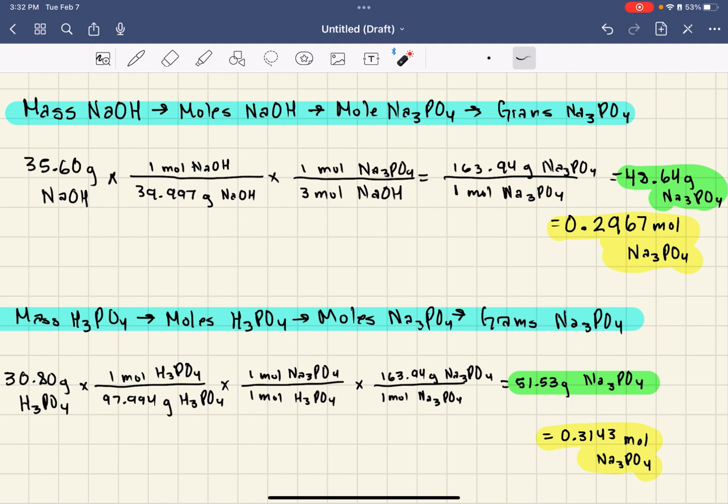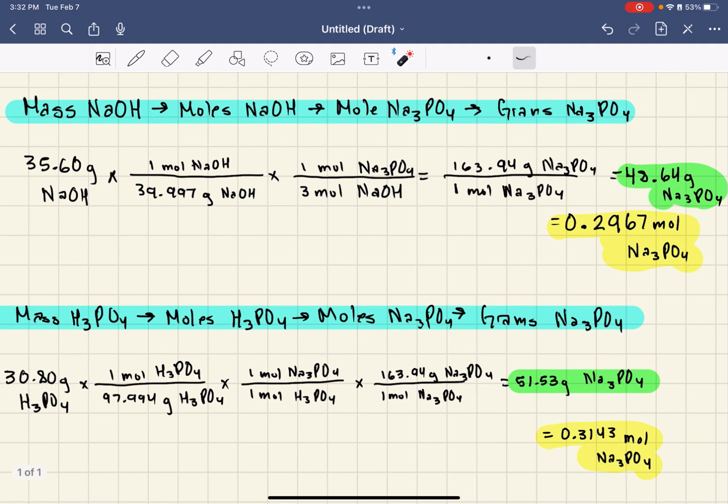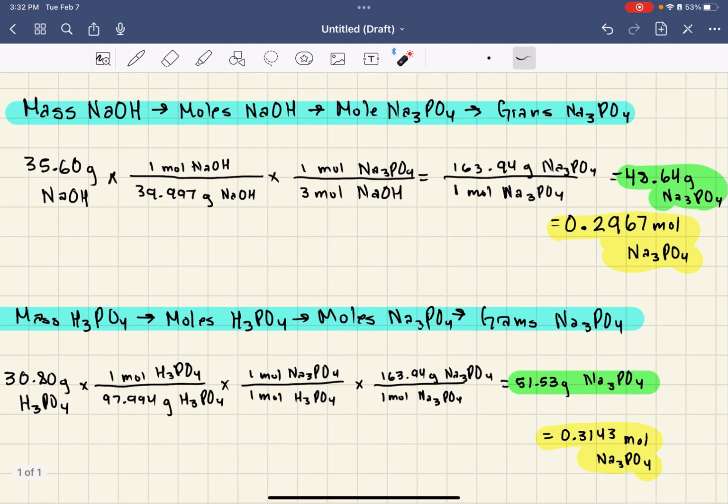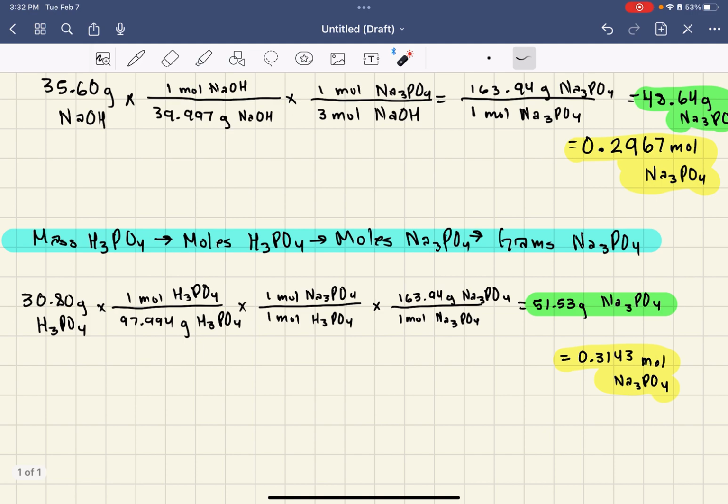For the reactant NaOH, it has the capability to make 48.64 grams of Na3PO4, or 0.2967 moles of Na3PO4, right? Okay, moving on. We know those numbers. Now we look at the bottom. H3PO4 has the capability to make 51.53 grams of Na3PO4, or in other words, 0.3143 moles of Na3PO4.